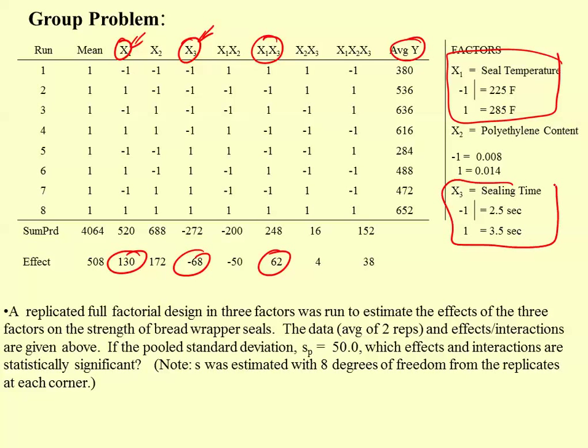And what's the sealing time? As far as polyethylene content, x2, it doesn't matter. So we still need to choose some value, and that's just going to come from somewhere else. We can lump that all into what's the cheapest way to do it. So there is an answer for x2. It just doesn't depend on our results. It's the cheapest, easiest, most repeatable way to do it, and so forth.